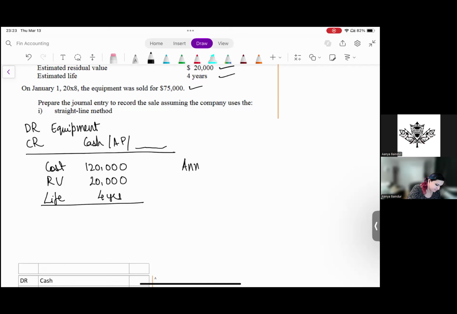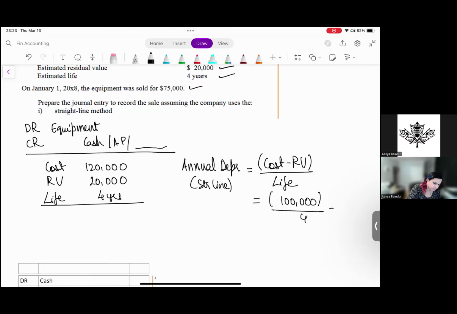So annual depreciation, straight line, is equal to cost minus RV divided by lifetime, right? So that gives us 100,000 divided by 4, which is 25,000.